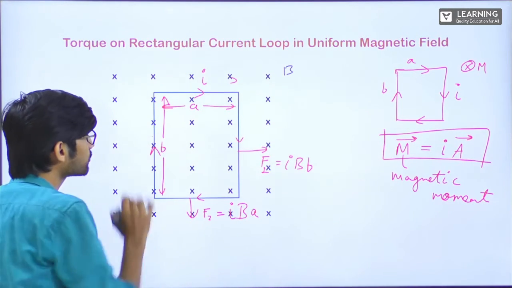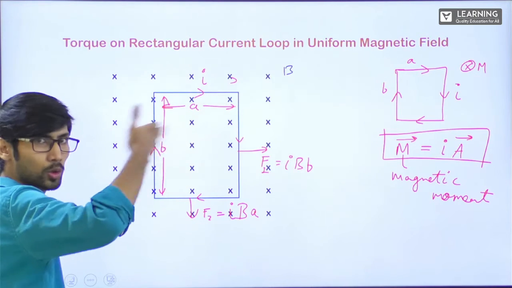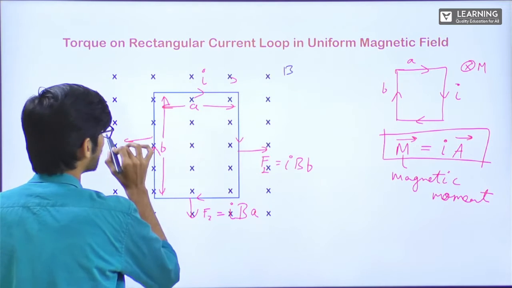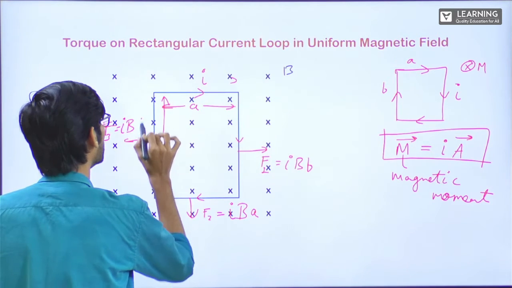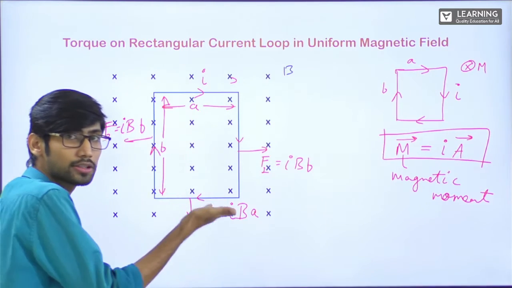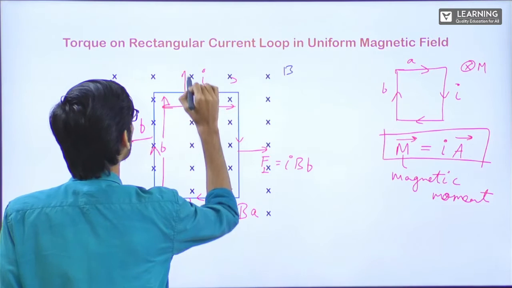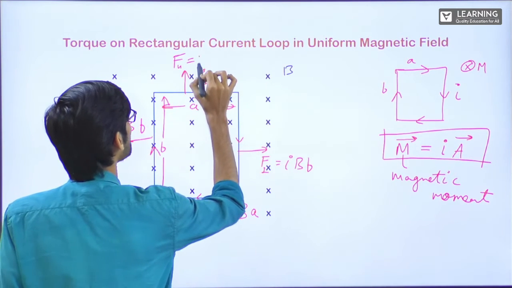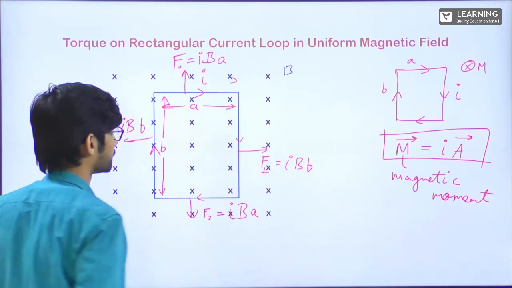Here, the force will be, fingers in the direction of magnetic field, thumb in the direction of current, again outwards. See my palm, right? F3, let's say, I B into b. Here, fingers in the direction of magnetic field, thumb in the direction of current, upwards. So here, the force is upwards, that is F4, let's say. That is I into B into L, that is a.